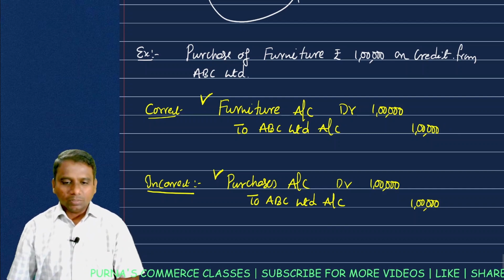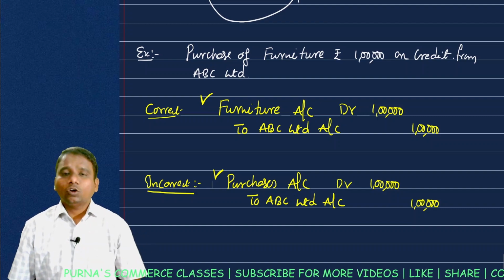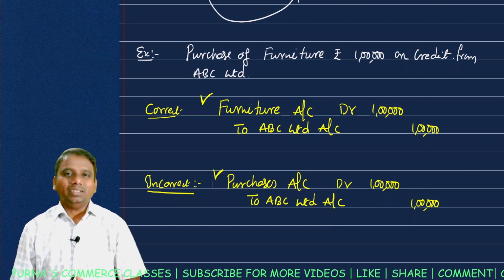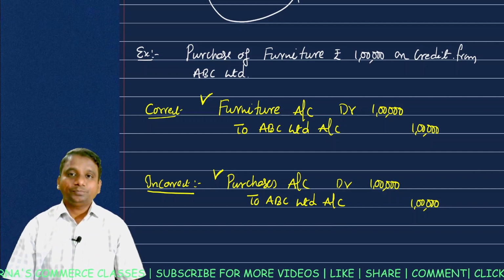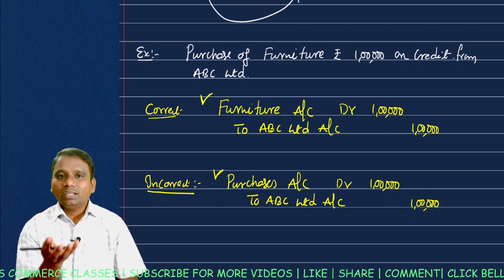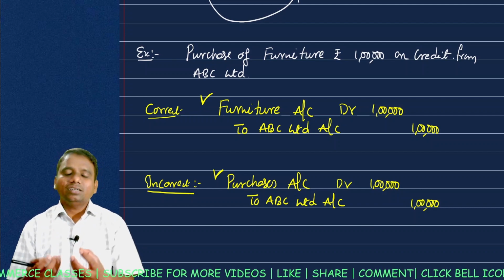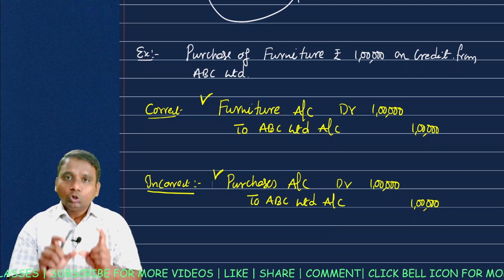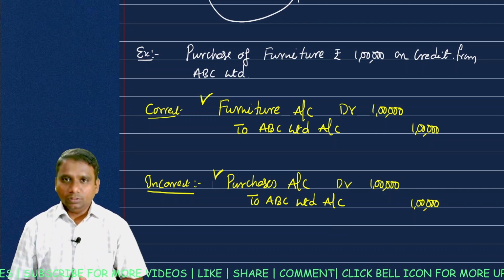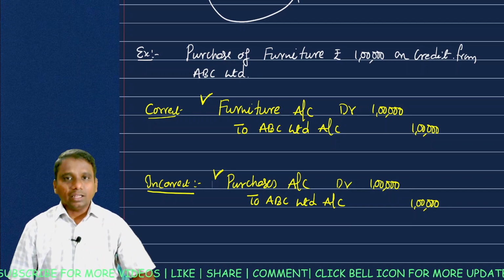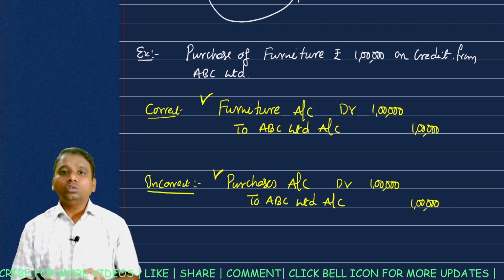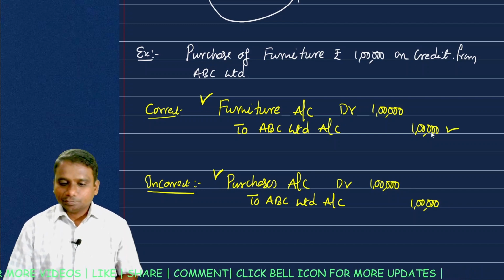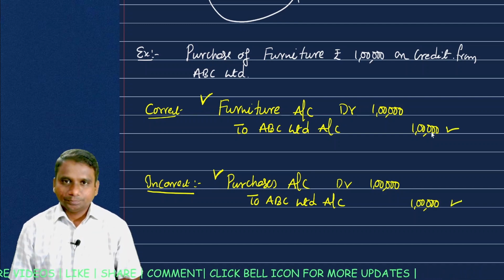Now you tell me, because of this error of principle, is there any effect on the trial balance? Trial balance will agree. When the trial balance does not agree, it is conclusive evidence that there are some mistakes. But due to this error of principle, our trial balance agrees. You may ask, sir, how does the trial balance agree? Look here. Credit 1 lakh is correct.